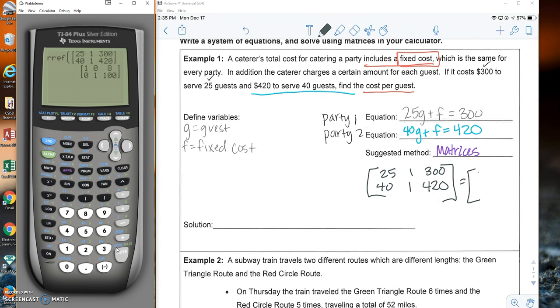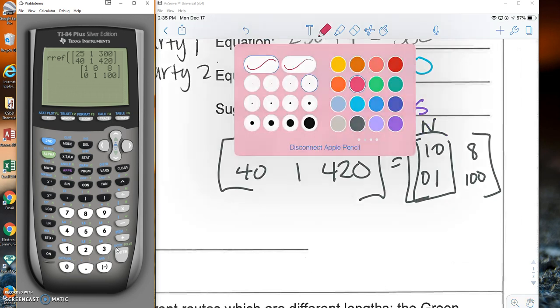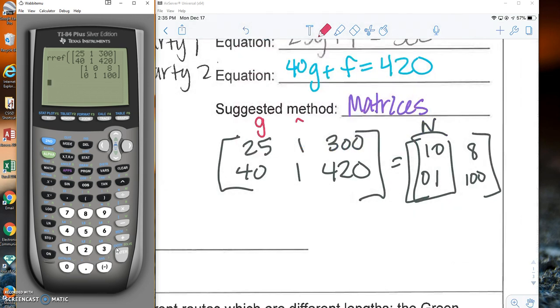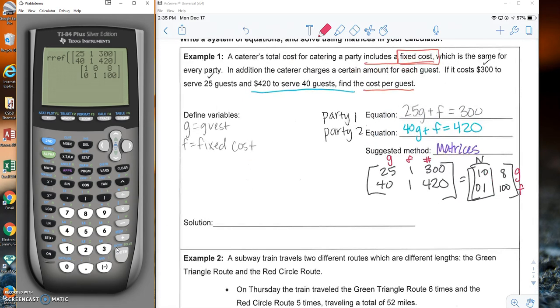So I get the 1001, remember this means it's normal, and then 8 and 100. So when I plugged this in, I put guest, fixed, and number, so my answer comes out as guest and fixed. Now the question specifically asked for the cost per guest, so my guest is $8.